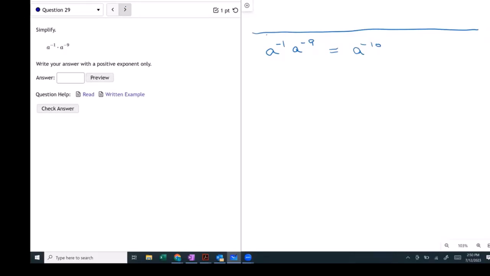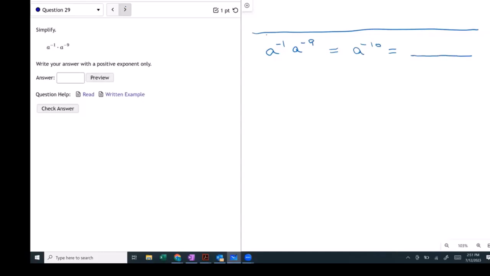Now I have this negative exponent. So what do you do? You make it positive. How? We put a fraction line, don't we?